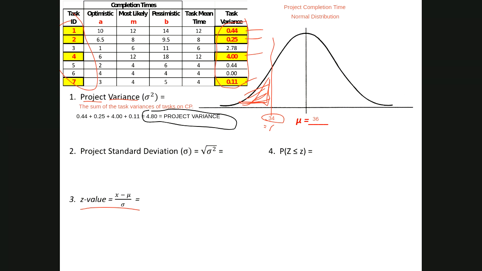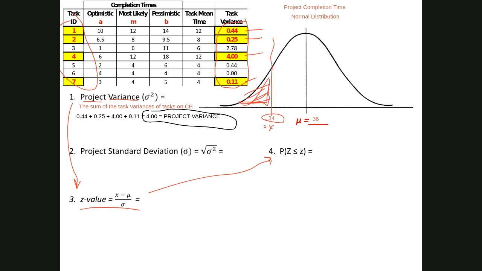We're working our way down to find the z-value. Then we'll use that z-value to determine the probability based on the table of the normal distribution.